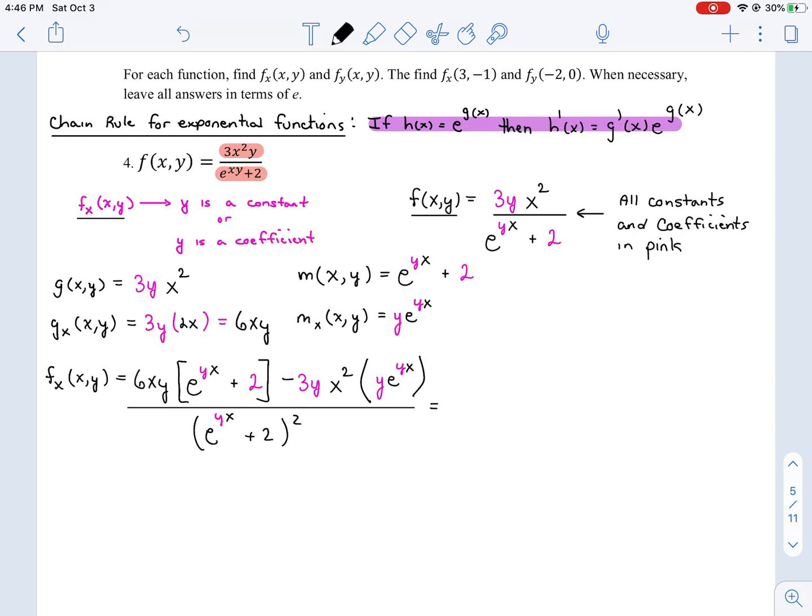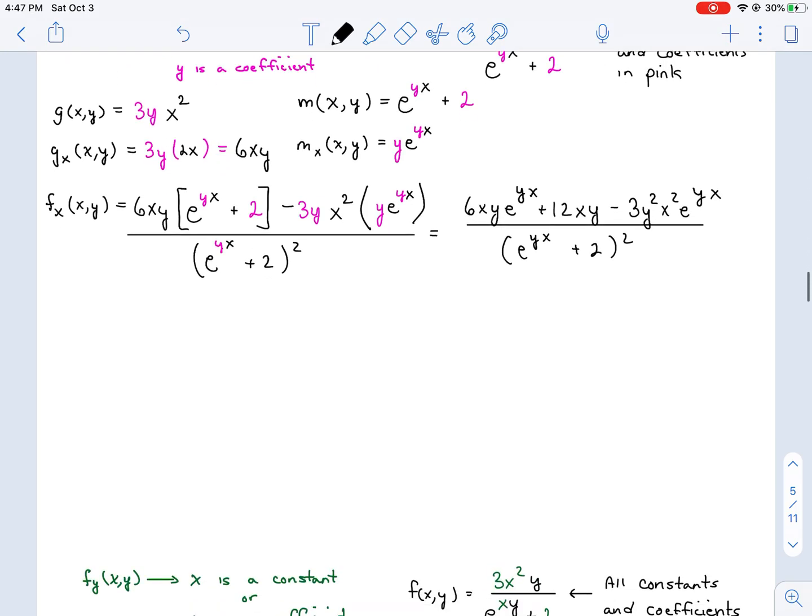So I'm going to go ahead and distribute the 6xy to the two terms in the braces here, over here on the left. And I'm going to multiply the two factors over here to the right side of the subtraction symbol, and you'll get the following. And finally, we can factor out a 3xy.